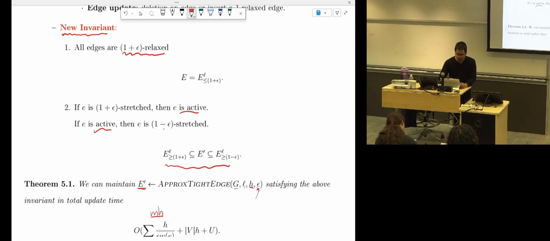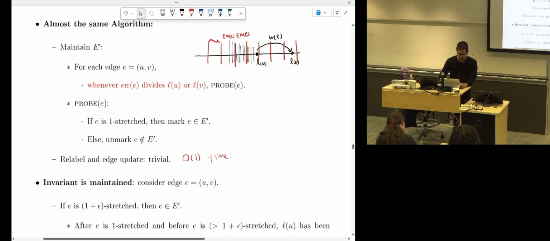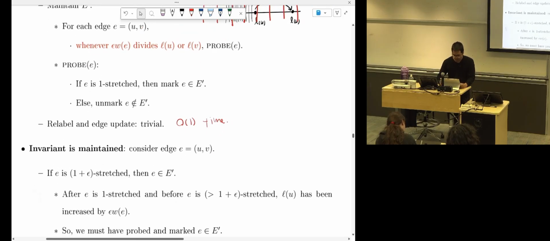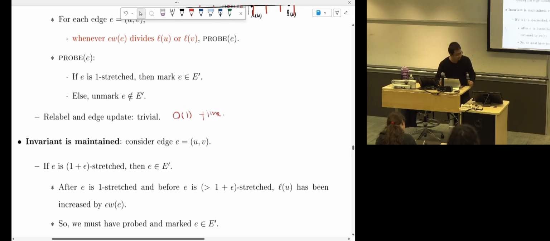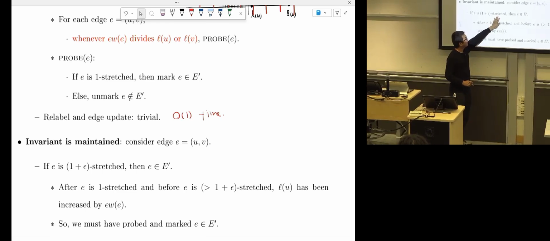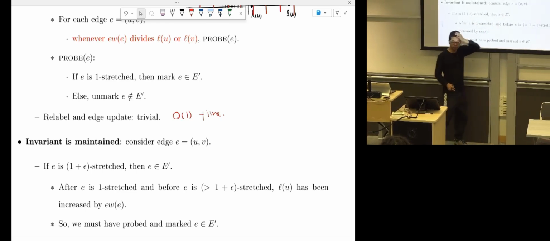If it's active, then it's 1 minus epsilon stretched. Okay. Let's prove it one by one. So first, if E is 1 plus epsilon stretched, then I claim that it must be active.